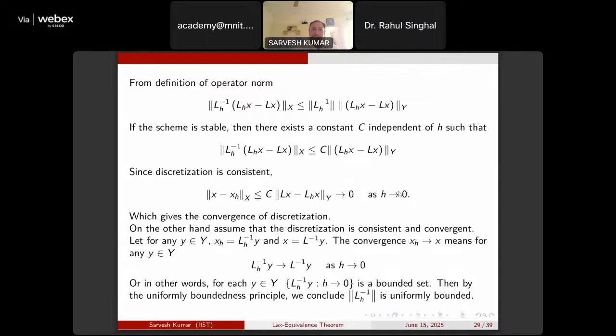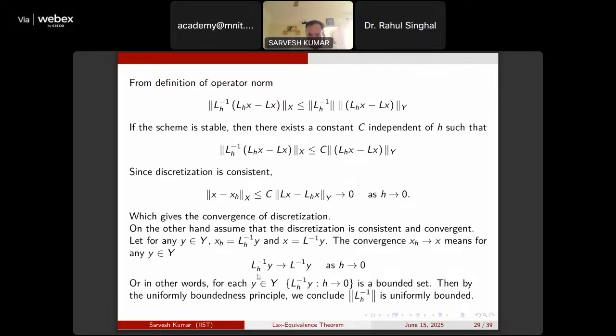So what about the reverse now? If you have convergence, can we have the stability, right? On the other hand, suppose consistent and convergence. Convergence is what? This xh equals LH inverse y, right? That means your LH inverse y converges to L inverse y. Xh converges to x means this will happen when s tends to 0. That means this sequence is convergent, and that's why it's bounded.